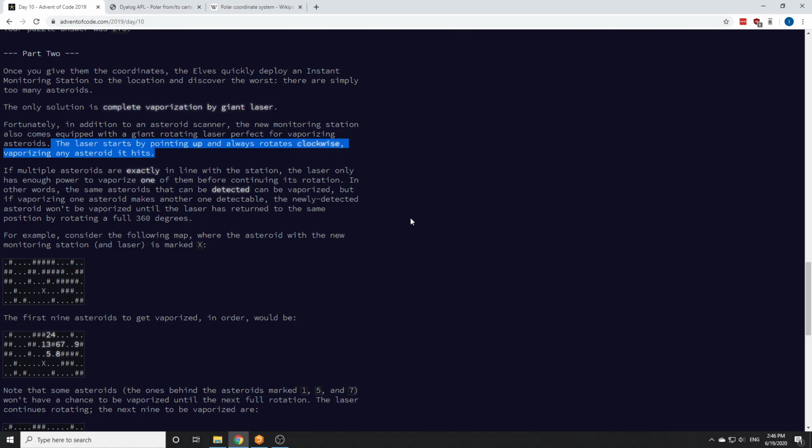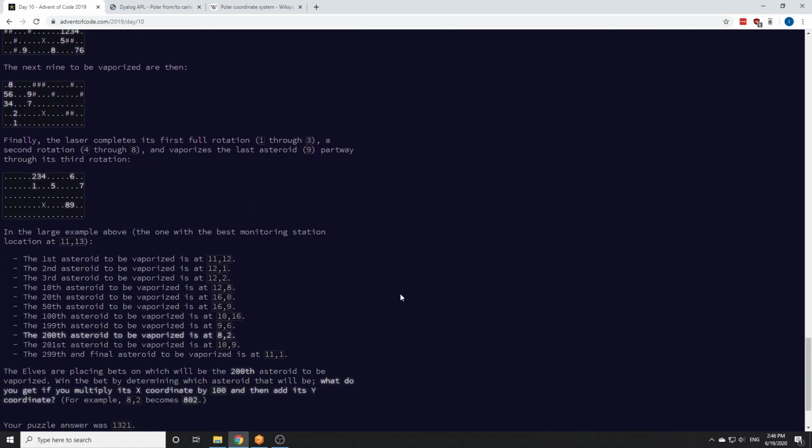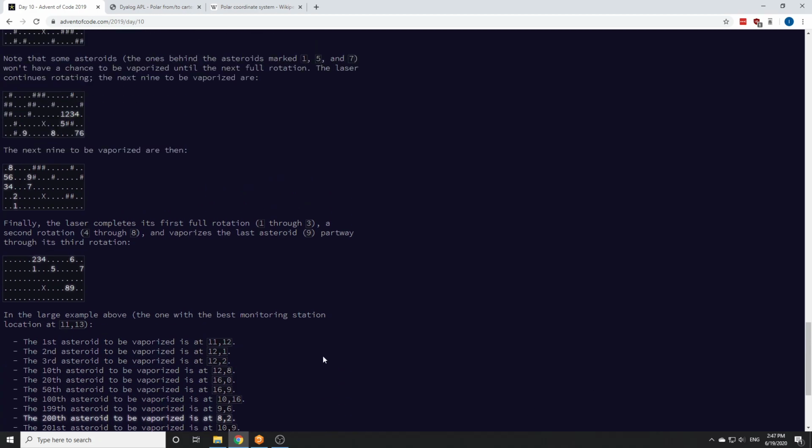It's not going to eliminate all of them, because some asteroids are going to be hidden behind other asteroids. And the goal of this problem is to determine what the 200th asteroid to be vaporized is. And then, we do some math on the coordinates to get the final answer.